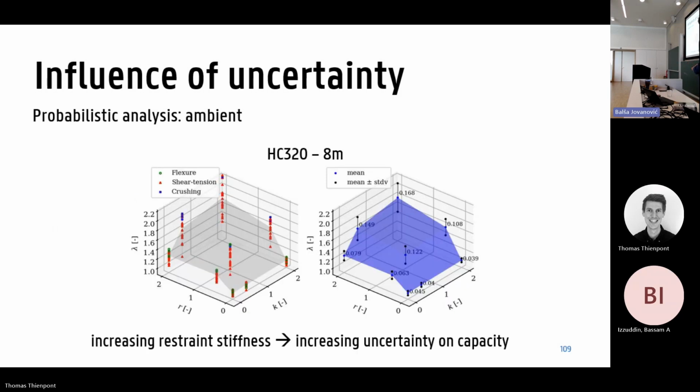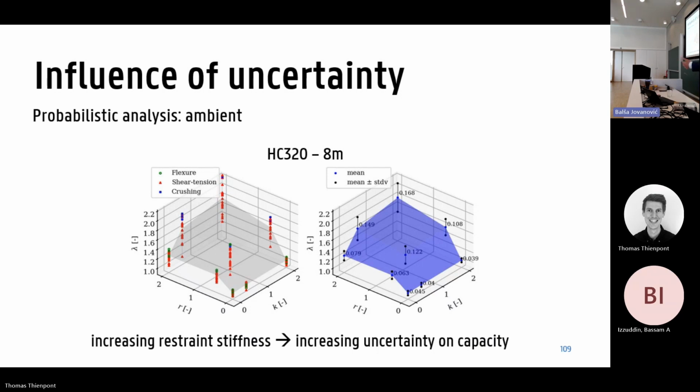And basically, if you remember the graph that I showed in chapter 4, we can also create graphs taking into account all these uncertainties. And again, if you look at the graph on the left, we have the value 0, 0, which is corresponding to a slab which is unrestrained. There we see that the points on the vertical axis are relatively close to each other, so the uncertainty there is relatively small.